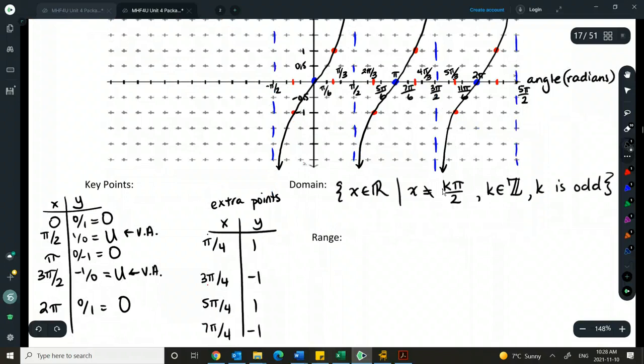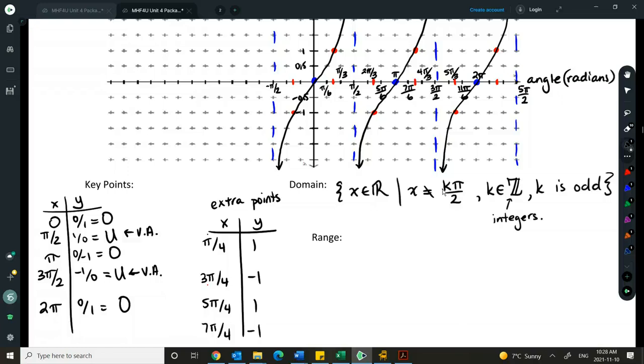Okay, so this is set of integer values. And we must say that because if k were a decimal, then obviously this would not be true, right? So we want to say k is a whole number. That's what the set of integers is. And we know it's also a whole odd number.